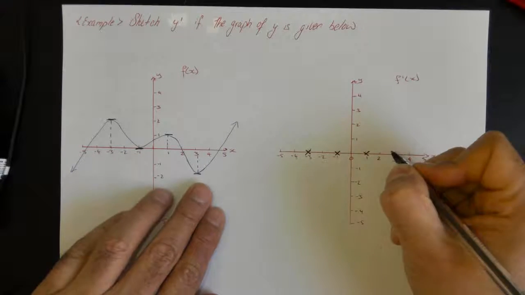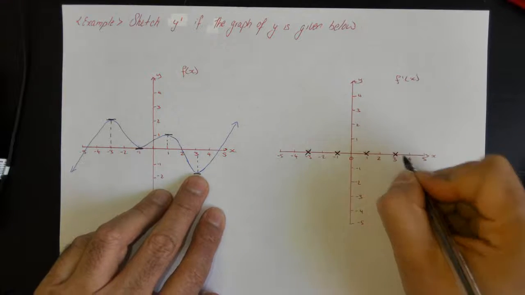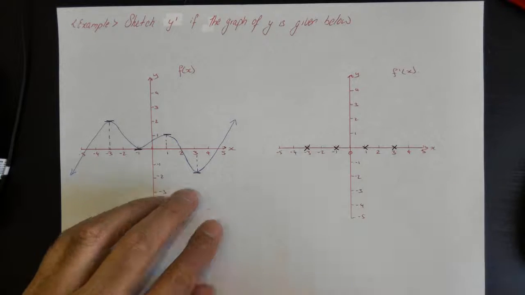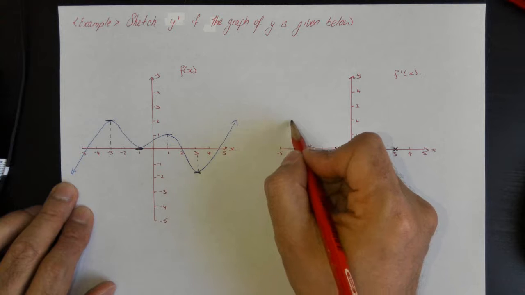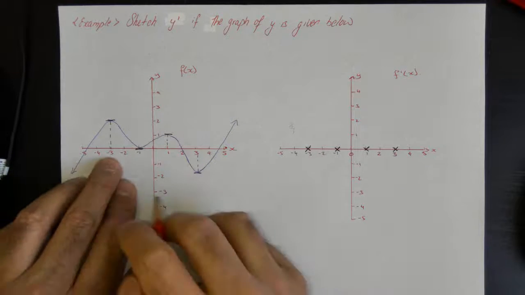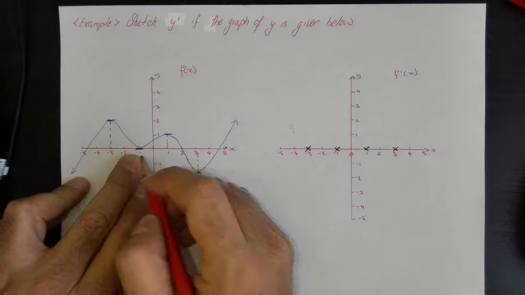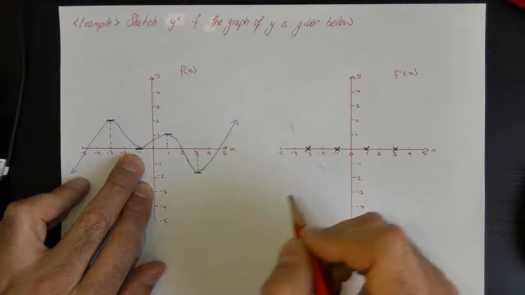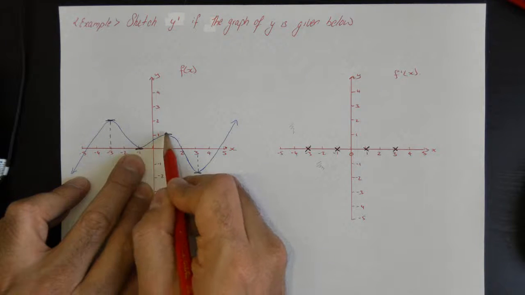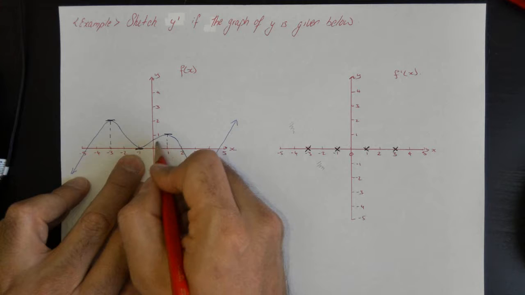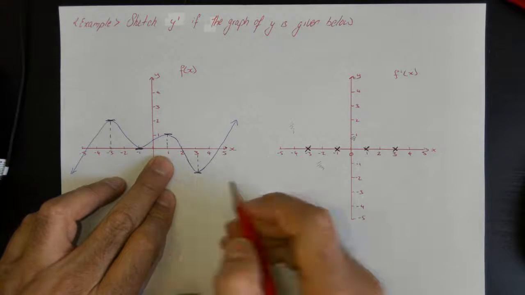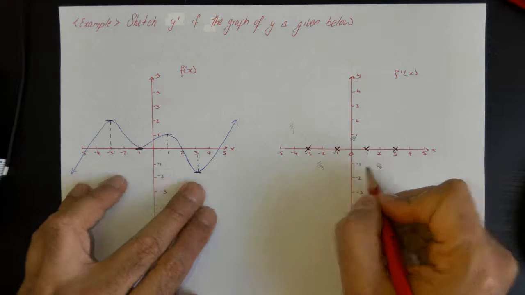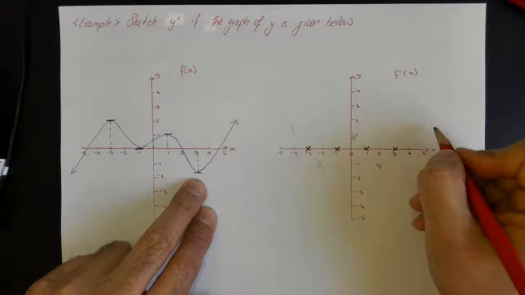From -infinity to -3, the function is increasing, so I'm somewhere up here. From -3 to -1, it's decreasing. From -1 to 1, it's increasing. From 1 to 3, it's decreasing. And then from 3 to infinity, it's increasing.